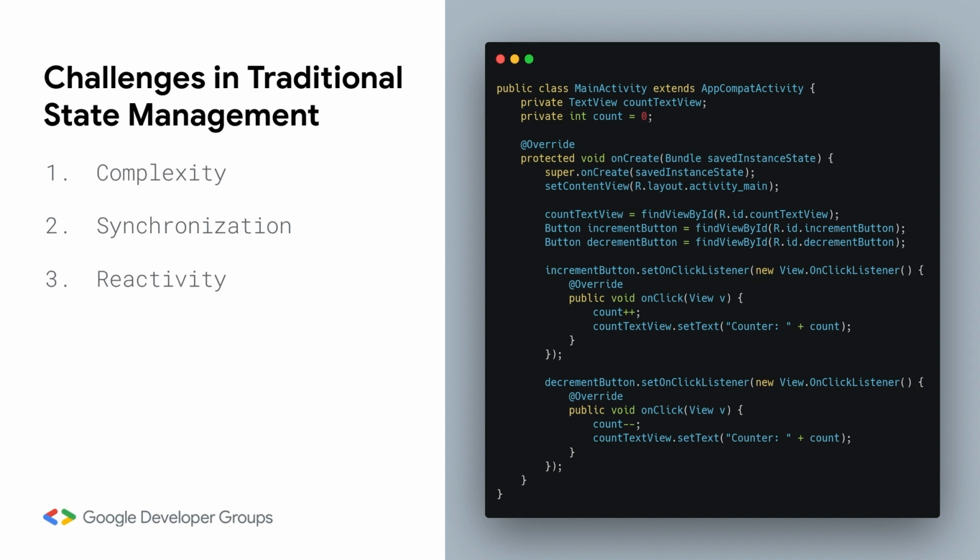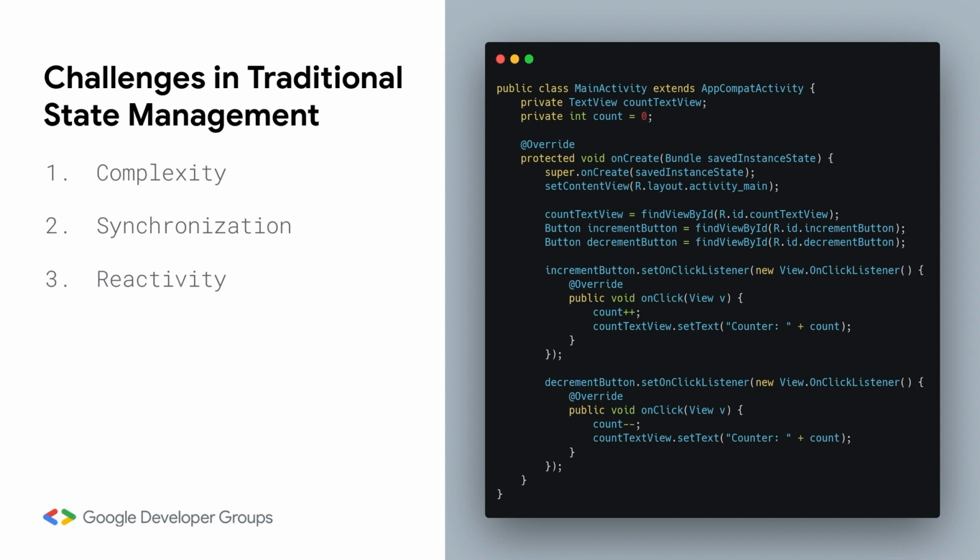So as you can see here, in a traditional app, using XML-based layouts and imperative UI updates, managing the state of a simple counter can lead to complex code. Here's a simplified example in Java on the right to illustrate this. So as you can see in this code, we need to manually find and reference the UI elements from the XML layouts.